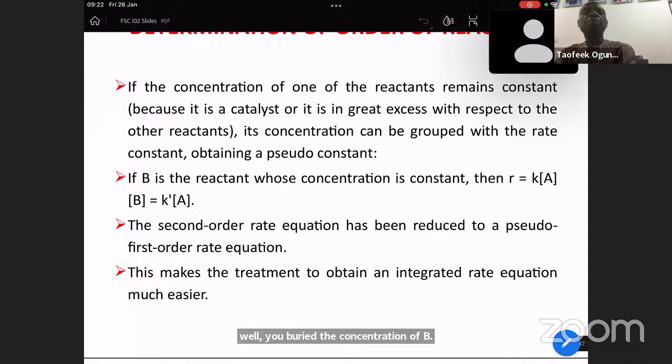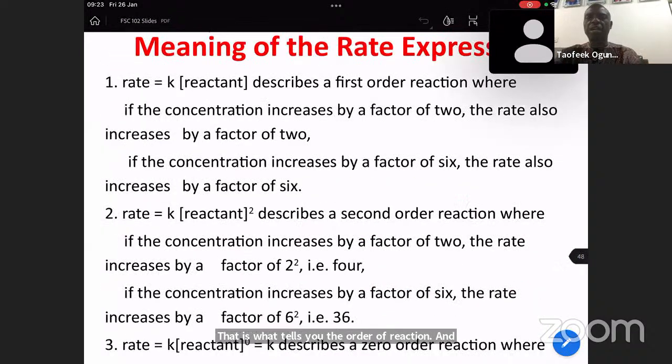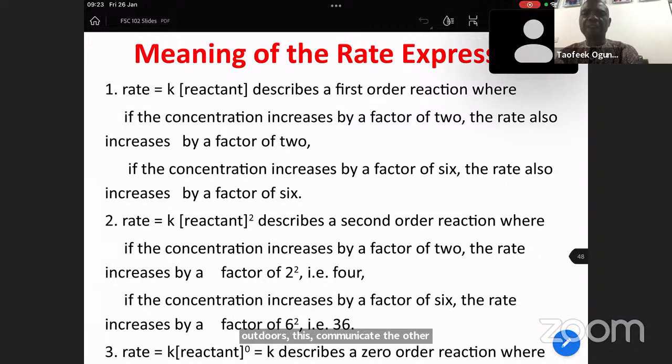Now, the relationship between the change in concentration and the corresponding change in rate, that is what tells you the order of reaction. And how does this even communicate the order of reaction? Look at the first rate law there, where you have rate is equal to K multiplied by reactant.